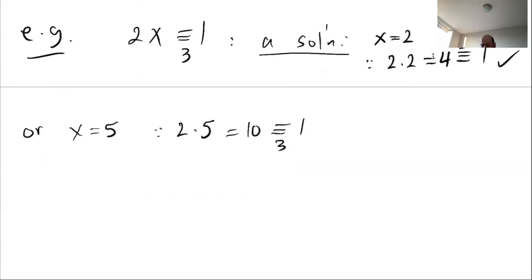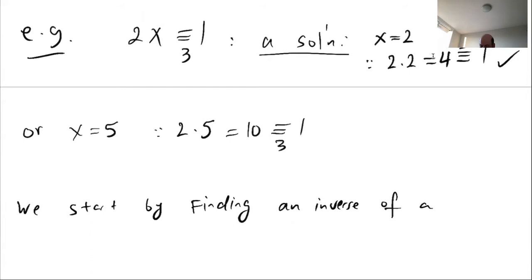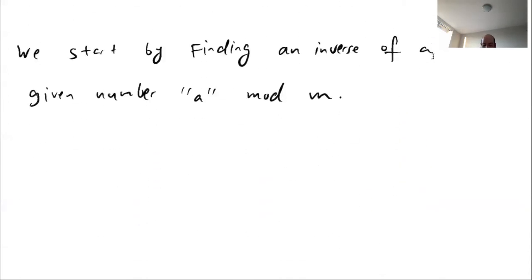So we start by finding an inverse of a given number A mod M. Remember that, as you know from high school, for example, to solve 2x equals 1, you multiply both sides with 2 inverse, and then you get x equals 1/2.